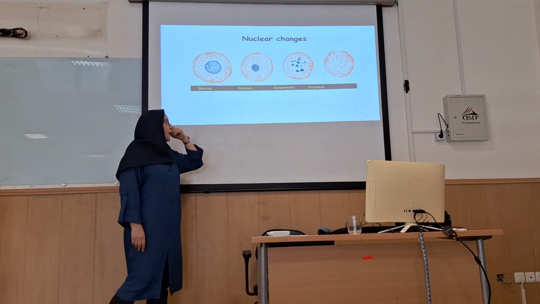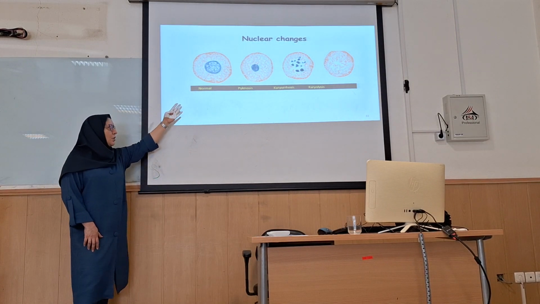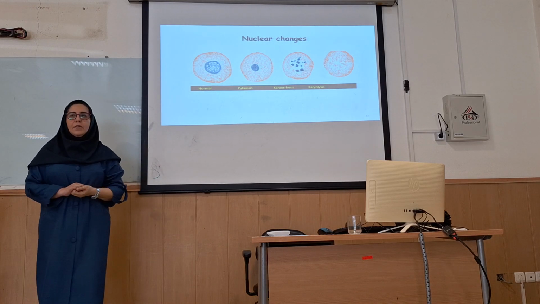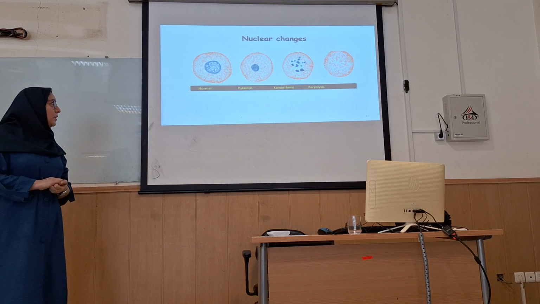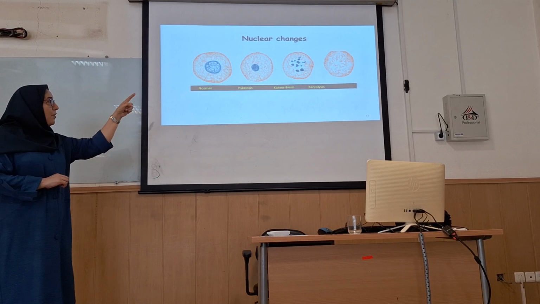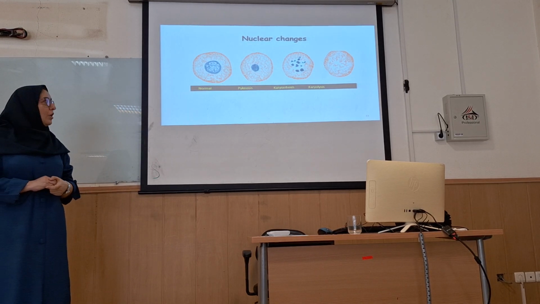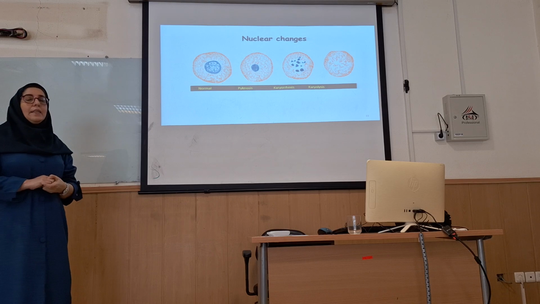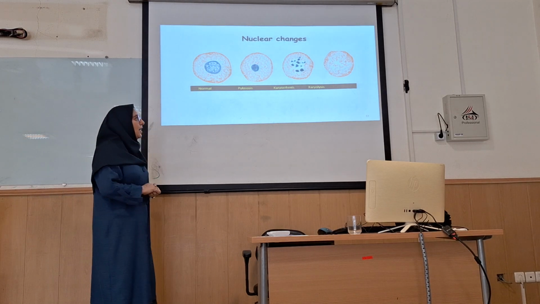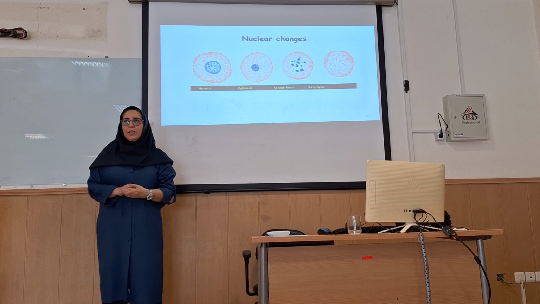Nuclear changes in necrosis, compared with the normal situation. First, we have pyknosis, condensed and clumpy chromatin. After that, we have karyorrhexis, fragmentation of nuclear material, and karyolysis. Due to activation of DNase, we have loss of nuclear material.